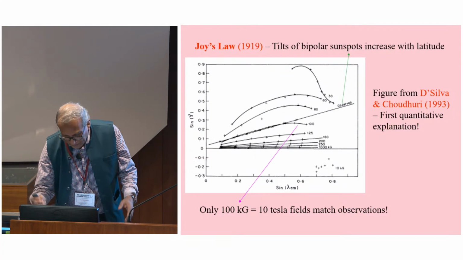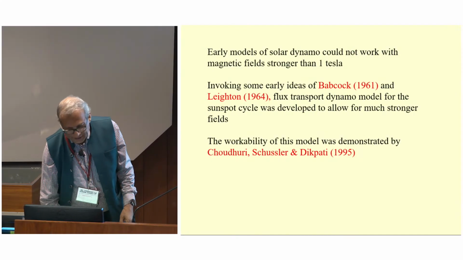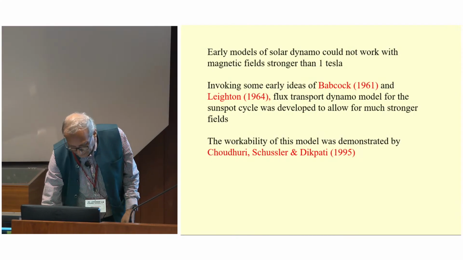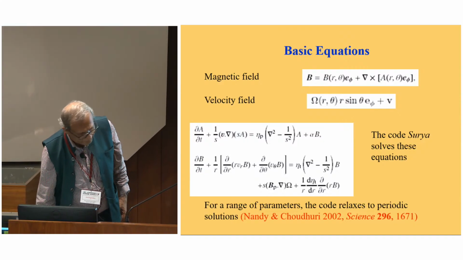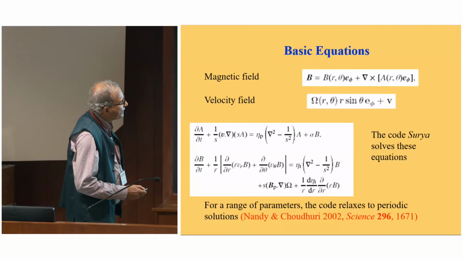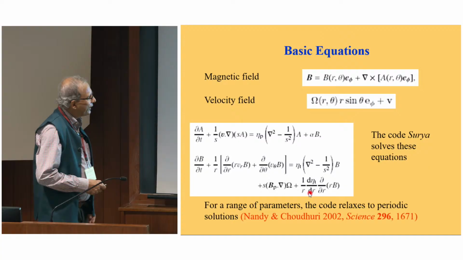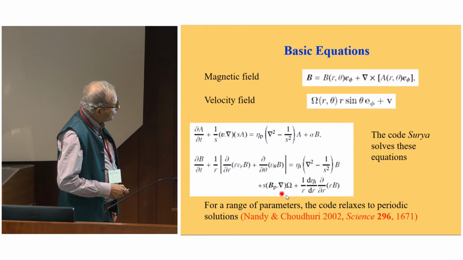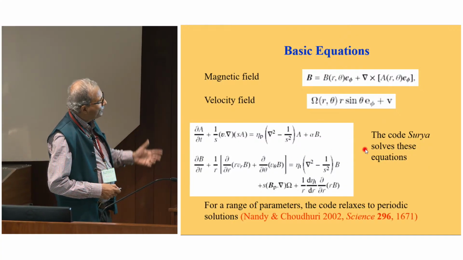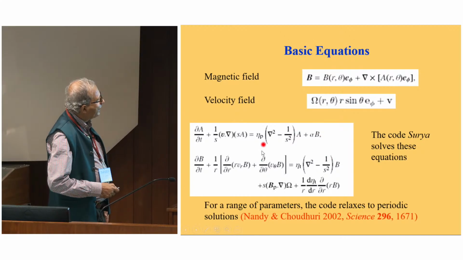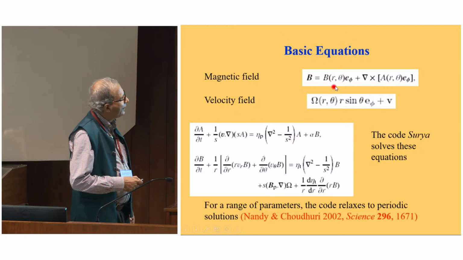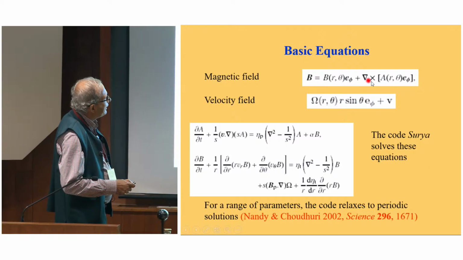But you can look at my popular science book where I give a non-technical account. So even though in this talk I have avoided getting into mathematical equations, for those of you who are interested to know what the equations look like, here I put them in one slide. So the magnetic field is written like this.